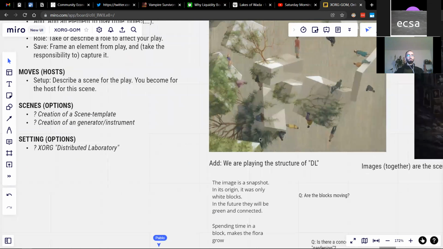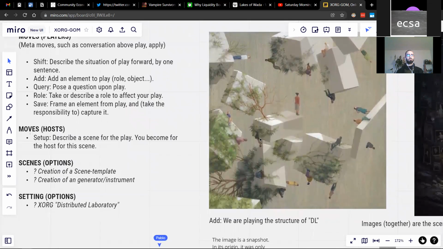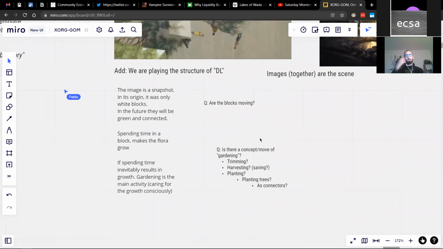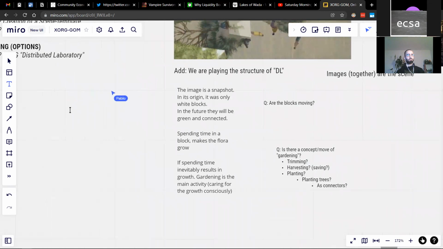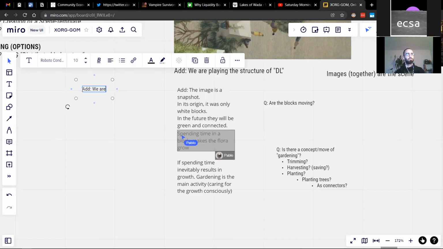I could actually pose, I think it could be an add. Okay, I'll do it as an add, which is that we are currently on a white block. I mean, metaphorically.